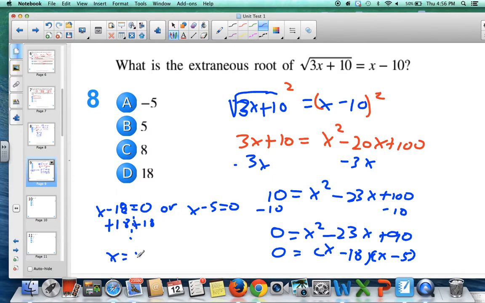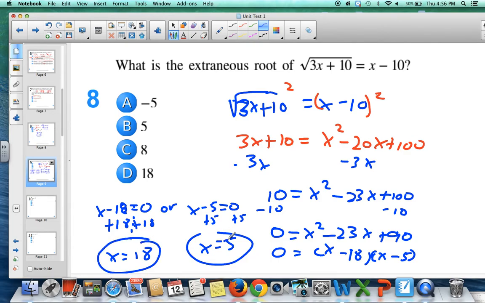So x equals 18. Plus 5, x equals 5. So there's two solutions to this problem that we have to look at. And then we always want to see, does it work in the original equation? If it works, it's considered a solution or a root. If it doesn't work, we call it an extraneous root, but it has to be one of these numbers.